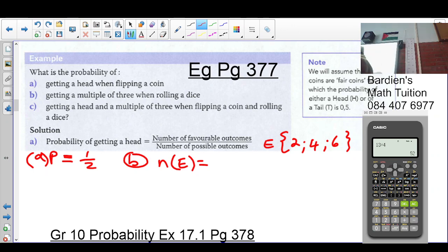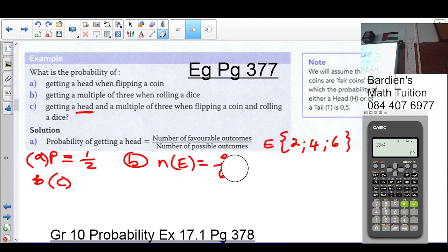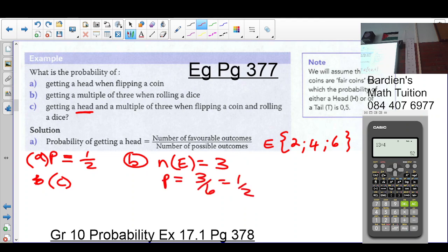There's going to be 3 out of 6, which is... getting a head and a multiple of 3 when flipping a coin and rolling a die. Getting a head. Sorry, this is C, no? The number of even numbers is 3. So the probability is going to be 3 out of 6, which is all. Yes?